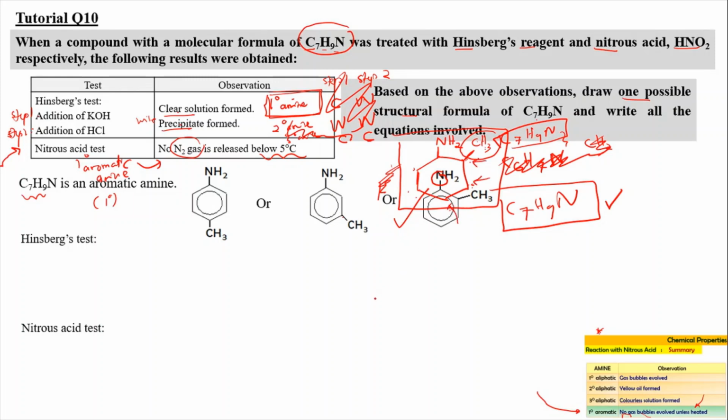Okay, and do not mistake it to be like this. Okay, some people are going to think that it's going to be NH2 here. Okay, so for this one, the carbon is going to have 7, which is 1, 2, 3, 4, 5, 6, 7.